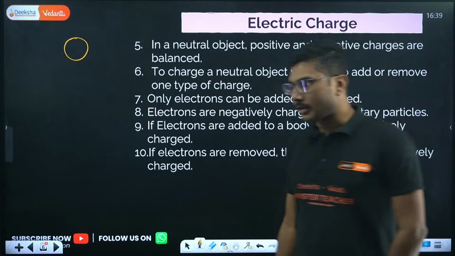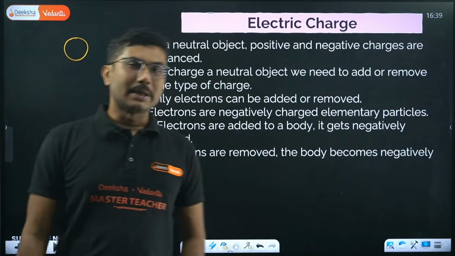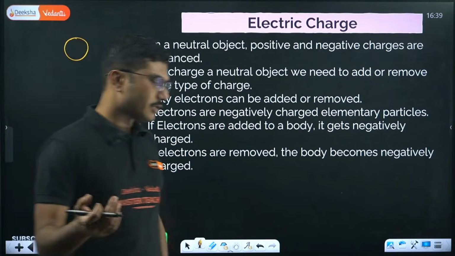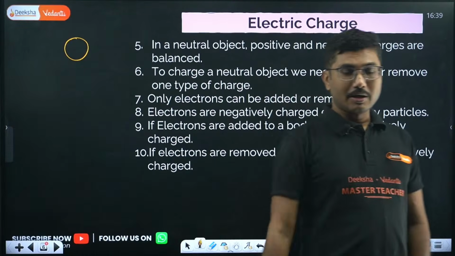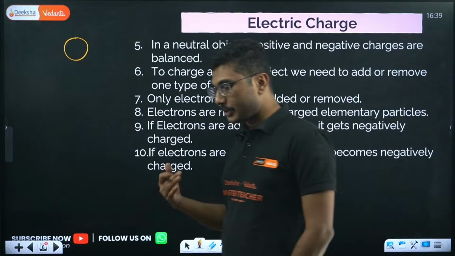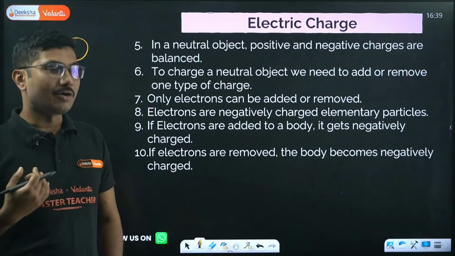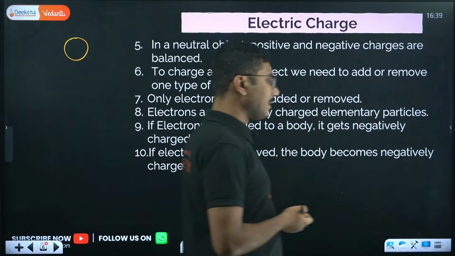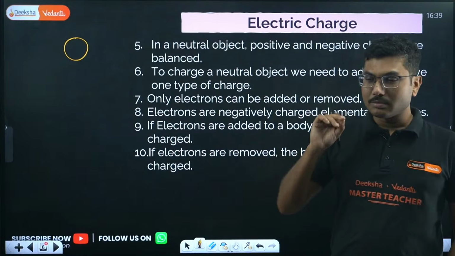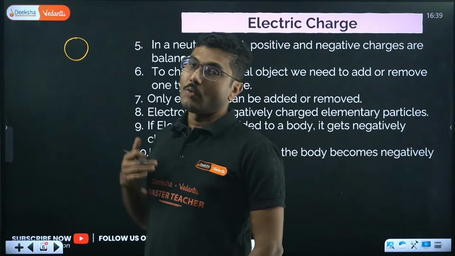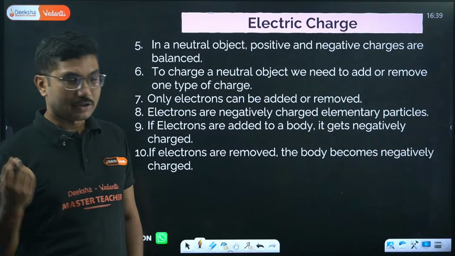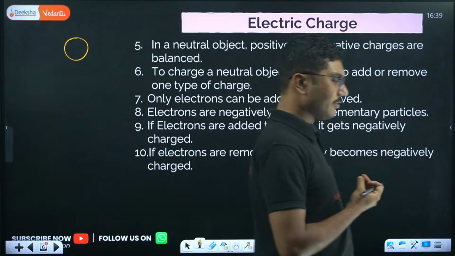But later on Rutherford and J.J. Thomson came into the picture, and they discovered that the atom is not indivisible but consists of even smaller particles. One of the smaller particles is called the electron. The electron was the first discovered.